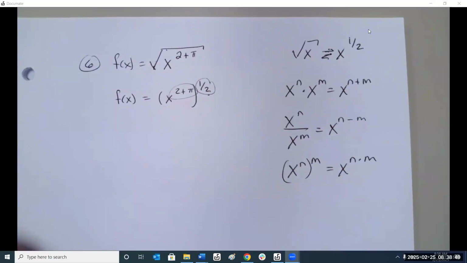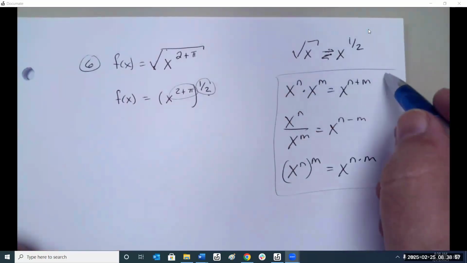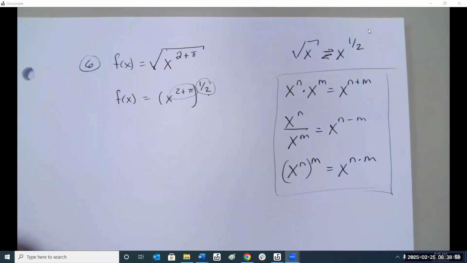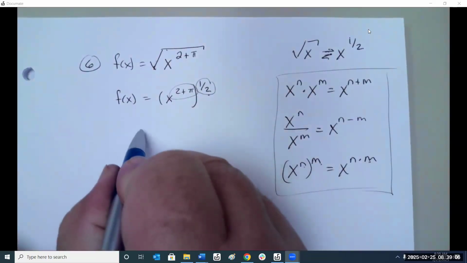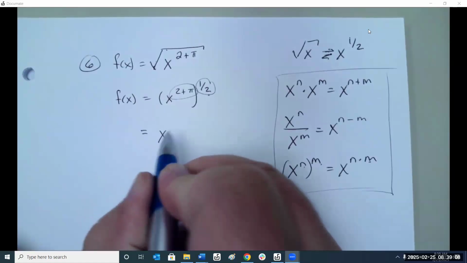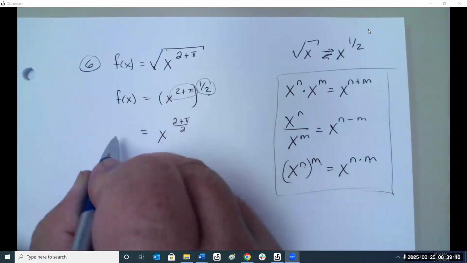There are 5 or 6 more, but these are the basic ones. So since we have a power to a power, we multiply them. So that gives us x to the power 2 plus pi over 2.